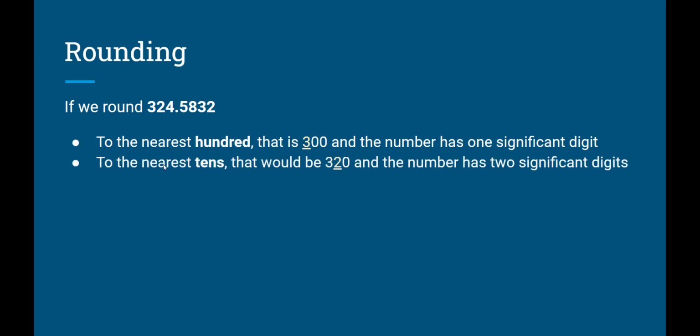To the nearest tens, we identify the tens place. I have a 2 here. Because the number directly to the right of the 2 is a 4, which is not 5 or greater, we leave this at 320. The number 320 has 2 significant digits. The 0, again, by the chart we looked at before, is not significant.